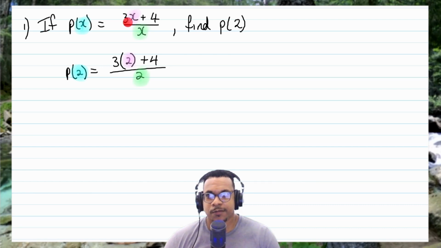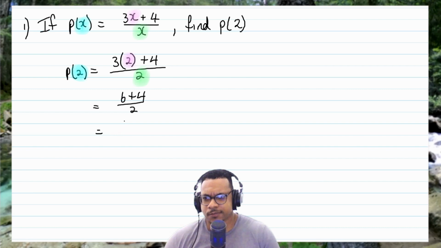So it doesn't matter how many times you have the x in the function, you replace all the x's with whatever is inside this bracket here. So you'll have 3 by 2 is 6. So you'll have 6 plus 4 divided by 2. And 6 plus 4 is 10 divided by 2. And that'll give you 5. So p of 2 is equal to 5.